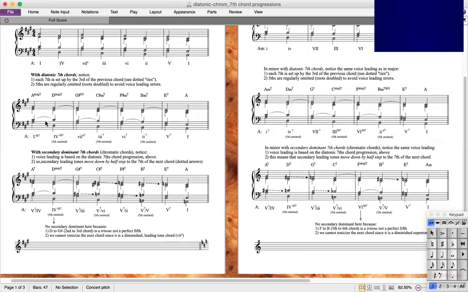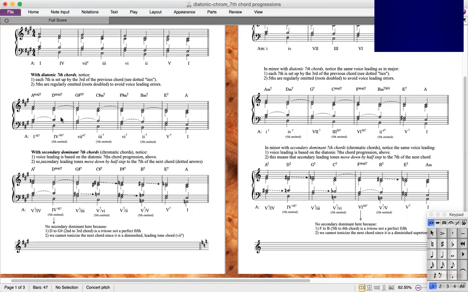Notice here the voice leading. So each seventh is set up by the third of the previous chord. This is going to be important. Basically, what we see is that sevenths in one chord become thirds in the chord immediately following, right?